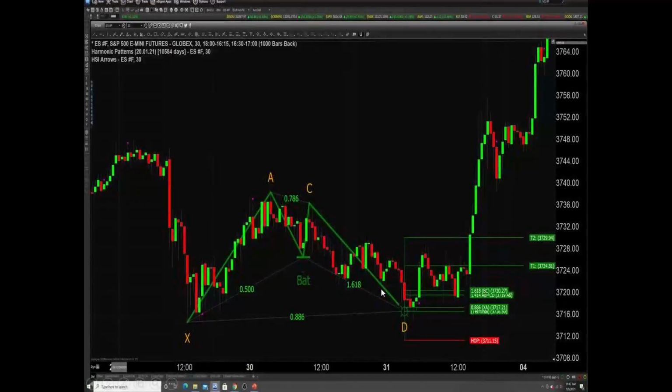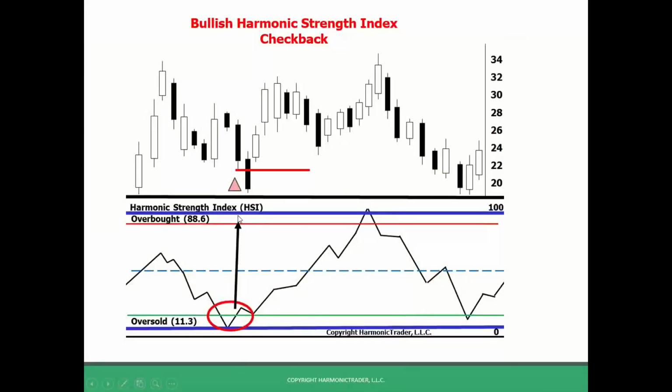So let's look at this example here. S&P 500. It's a 30-minute chart now, folks. 30-minute chart, ideal bat pattern, everything that you want to see in the bat, stabilization, terminal bar happening. Then we trigger, okay, and we get the check back.